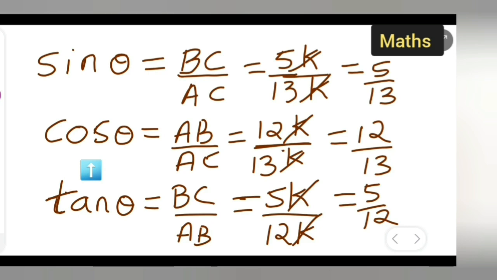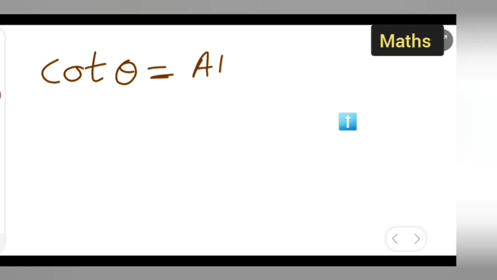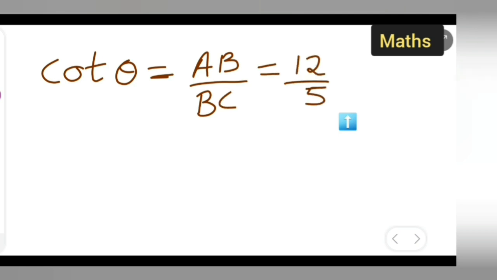Next, let us find out cot. Cot theta is adjacent upon opposite. Adjacent is AB, upon opposite side, that is BC. So AB upon BC is 12 upon 5.